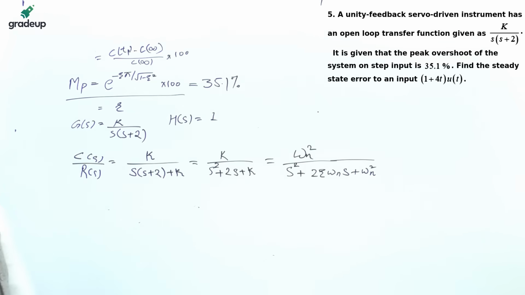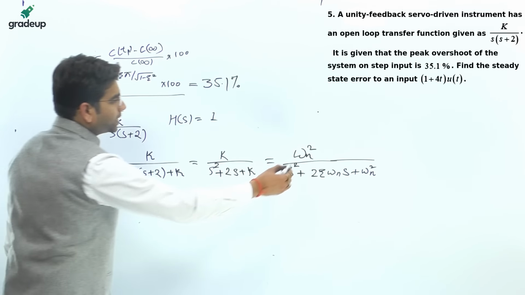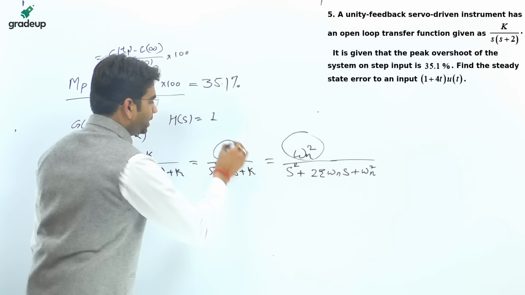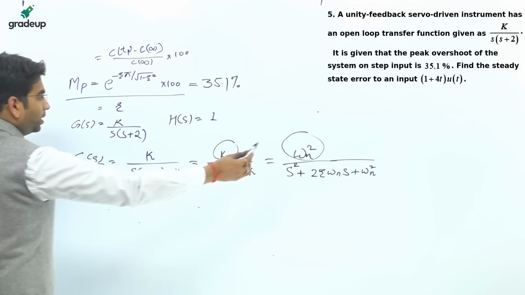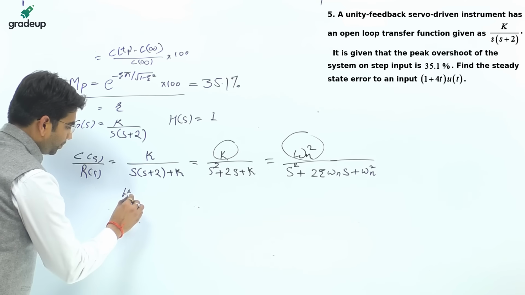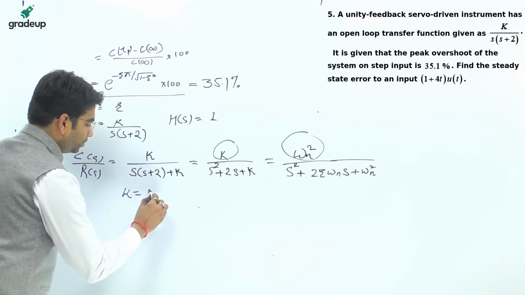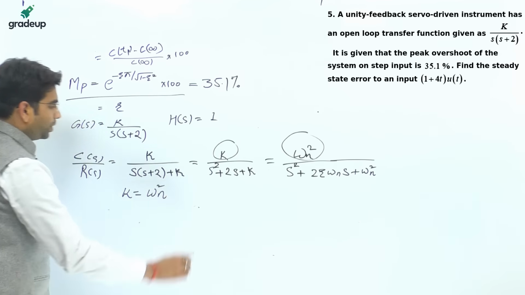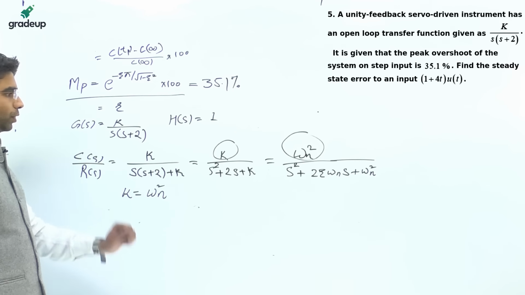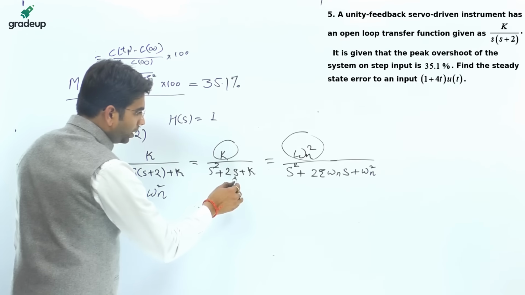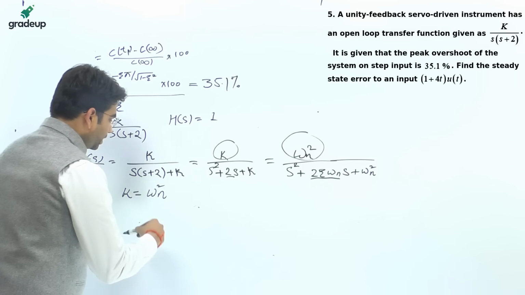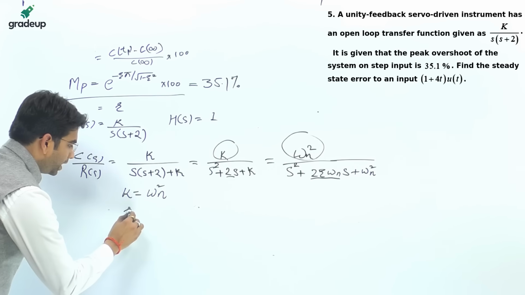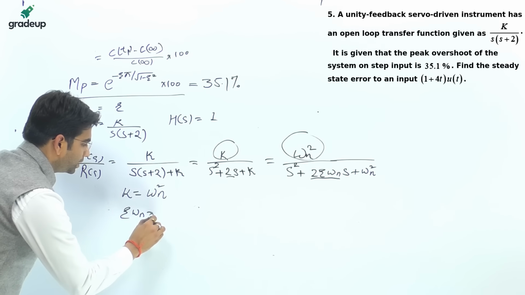It is standard second order equation. सो फ्रॉम दिस स्टैंडर्ड सेकेंड ऑर्डर इक्वेशन ओमेगा एन एंड के, ये पता लग जाएगा ओमेगा एन एंड के, ठीक है? So can we deduce that K is equal to omega n square from this place, 2s and twice zeta omega n. Can we deduce again one thing, that zeta omega n is equal to 1?